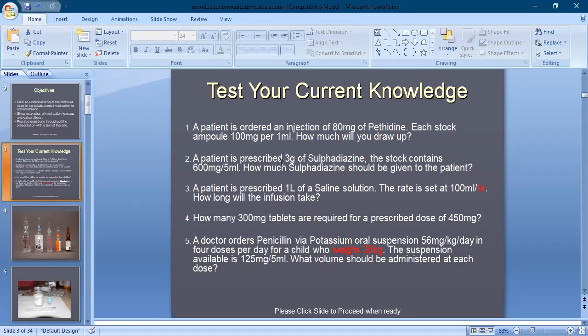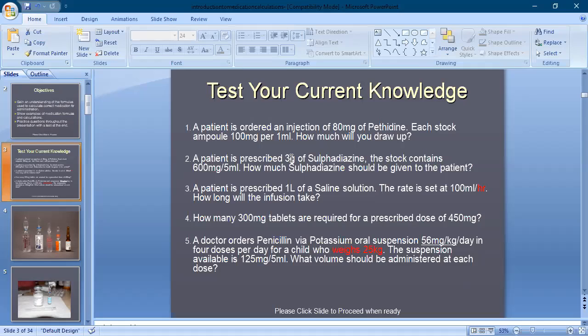So the 3 gram has to be converted to milligram. 1 gram equals 1000 milligram, so 3 gram equals 3000 milligram. So 3000 divided by 600, how much?